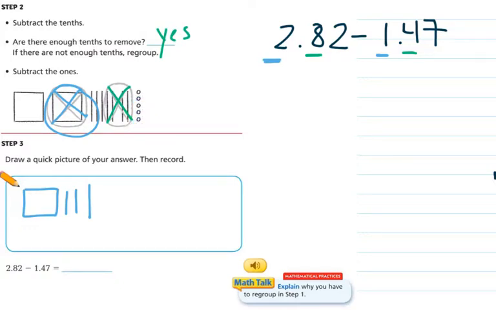So our answer would be, boys and girls, 1 and 35/100ths. So these are just several examples of how you can use drawing a model in base 10 pieces to solve a subtraction problem.